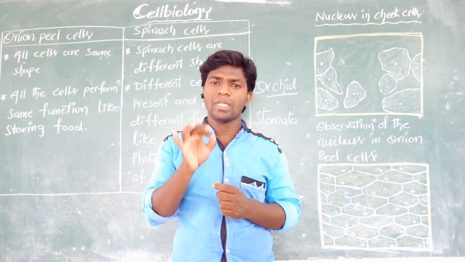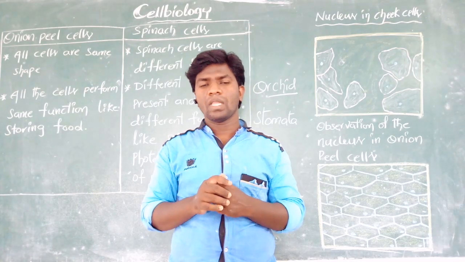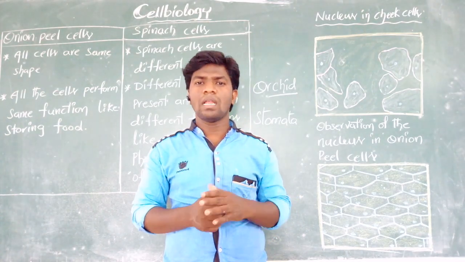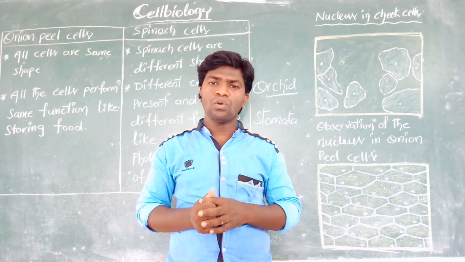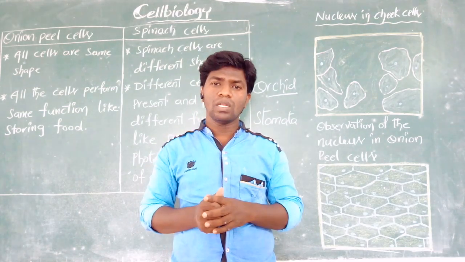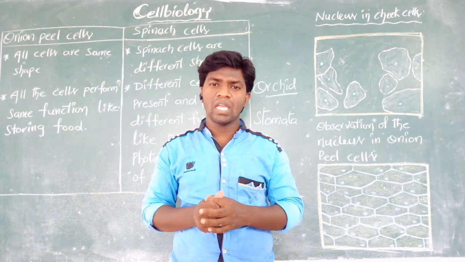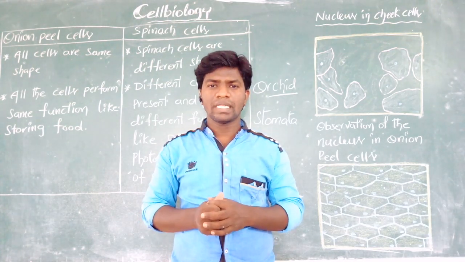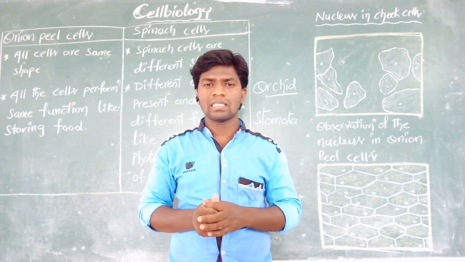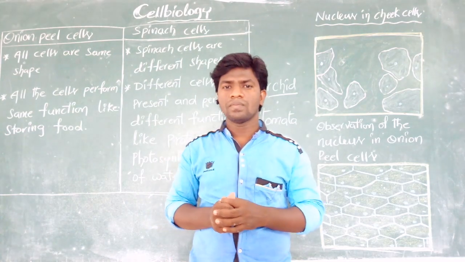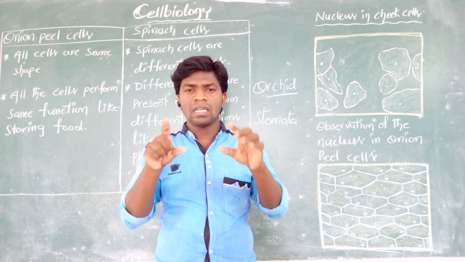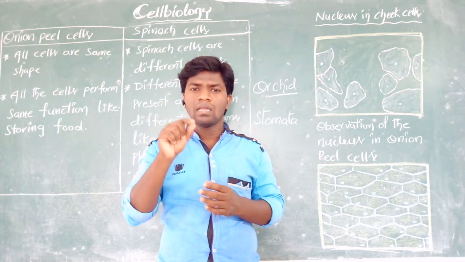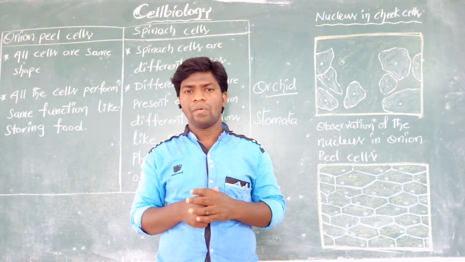These nuclei are present in the corner of the cells. The nucleus is located in the corner of the cell. While observing, you have to observe carefully and keenly what structures and differences take place among these cells. I observed that the onion peel cells are the same shape, and the nucleus is located in a corner of the cell.